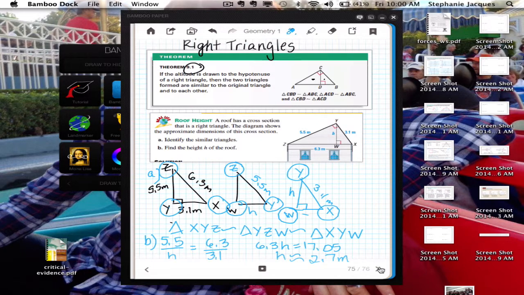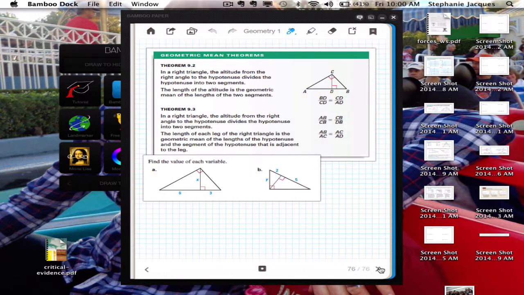Okay, let's go on to our next concept, and that's using the geometric mean. We've talked about the geometric mean a little bit before. Let's look at our theorems. In a right triangle, the altitude from the right angle to the hypotenuse, so CD right here, divides the hypotenuse into two sections. So here's the first section, here's the second section. The length of the altitude is the geometric mean of the lengths of the two segments.